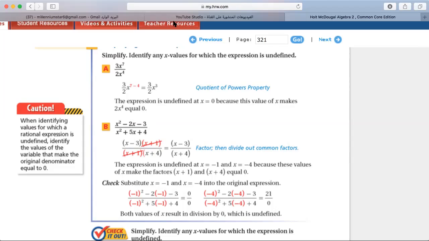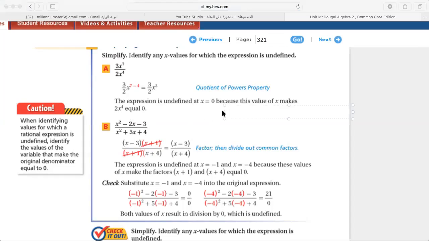You remember when we used to say, like here, minus 3. Which two factors multiplied together will give me negative 3, and when I add them together, they will give me negative 2?